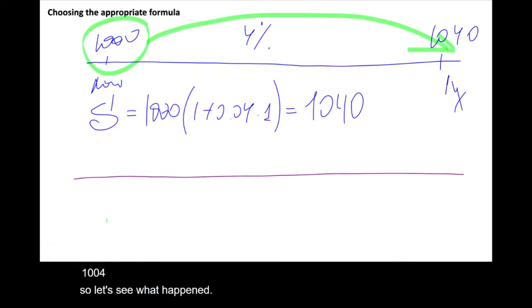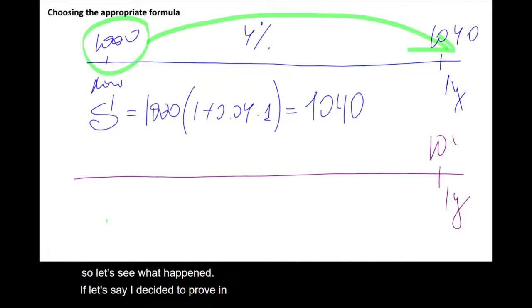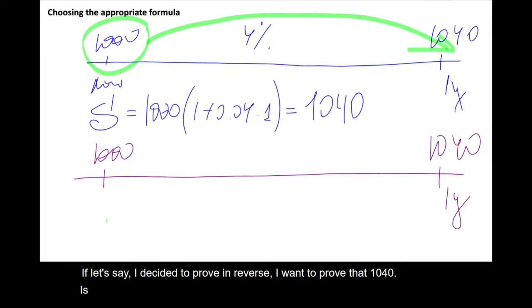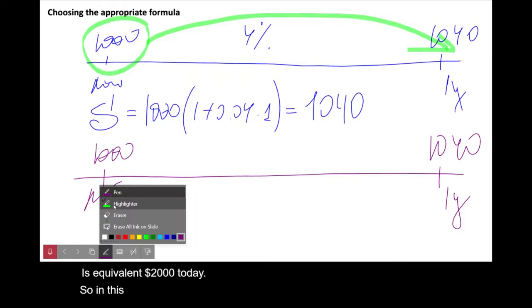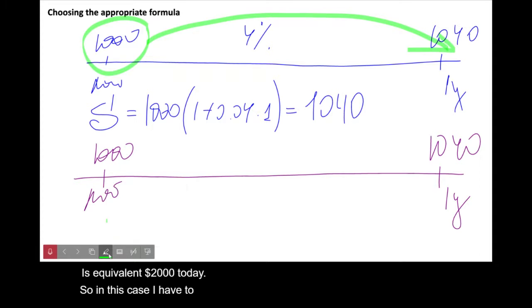So let's see what happened if, let's say, I decided to prove in reverse. I want to prove that 1,040 is equivalent to $1,000 today, right? So in this case, I have to solve a reverse problem.